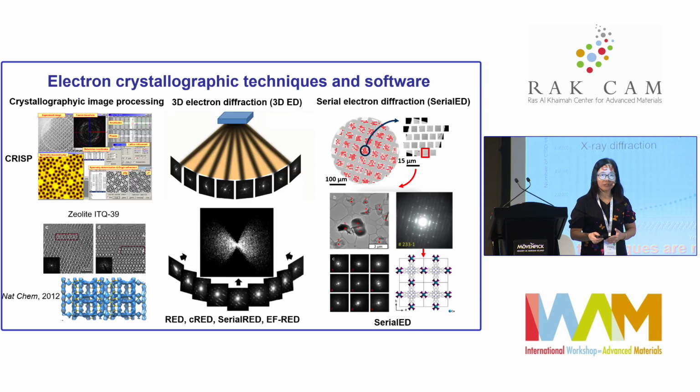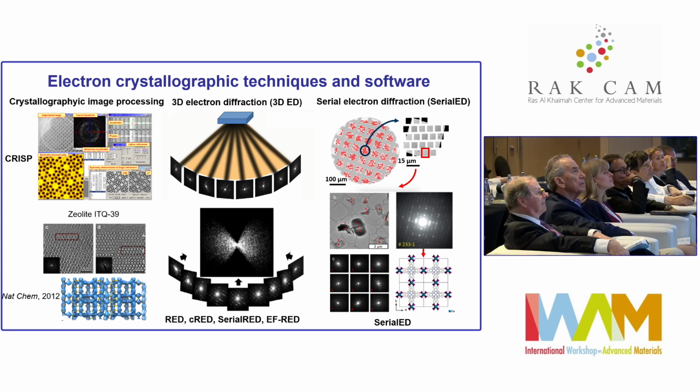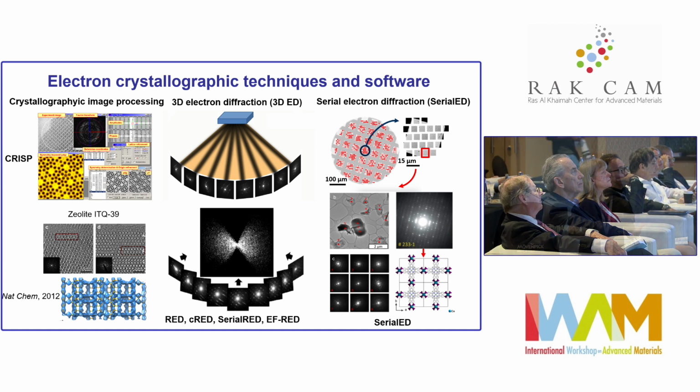For the last 35 years, since I started my PhD at Stockholm University, I have been developing electron crystallographic methods for studying these types of materials that cannot be studied using X-ray diffraction. We studied them from images.